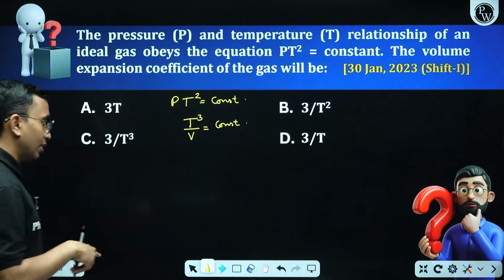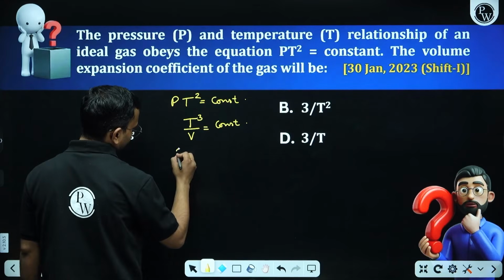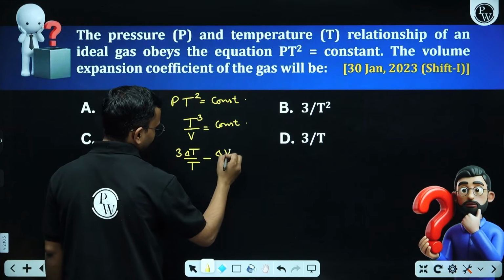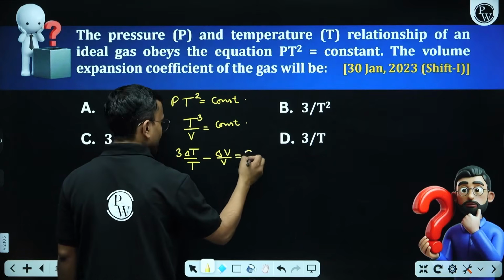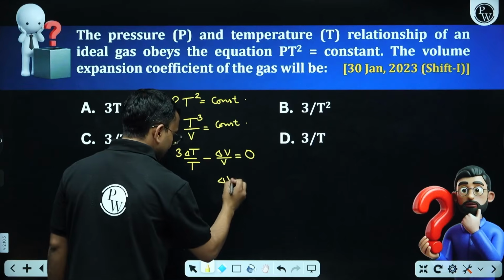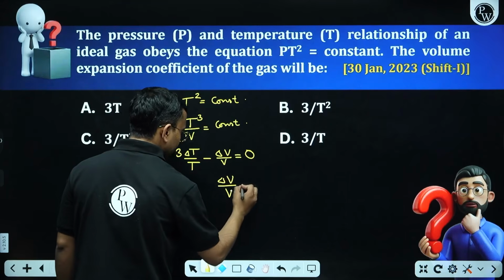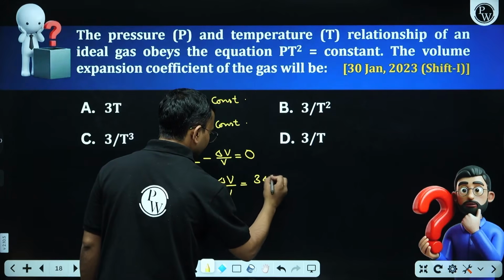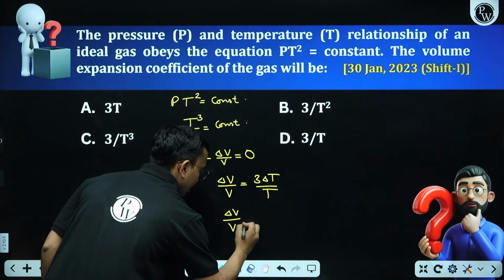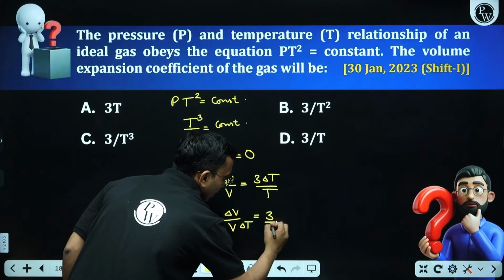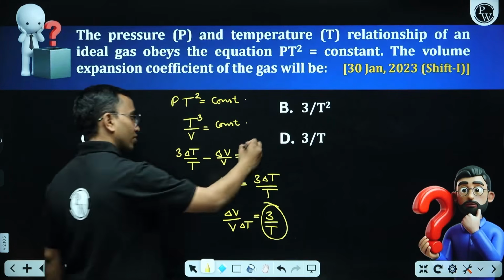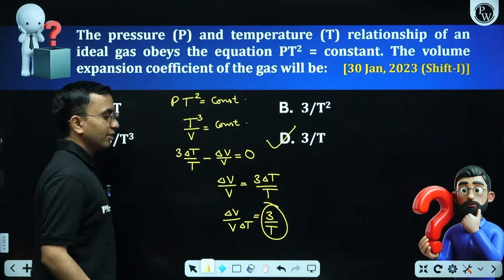Now if I differentiate it, this will become 3 delta T by T minus delta V by V, which comes out to be 0. From there I get delta V divided by V is equal to 3 delta T by T, and delta V by V delta T comes out to be 3 by T. So this becomes my thermal coefficient of volume expansion, 3 by T.